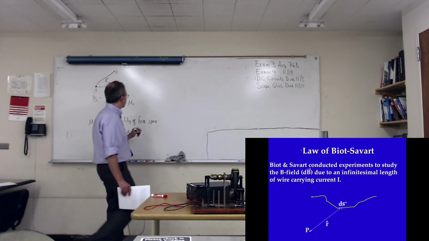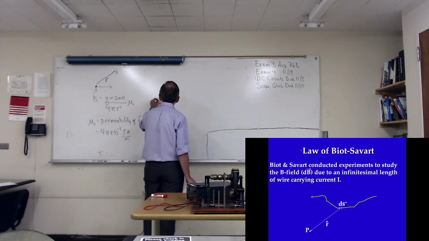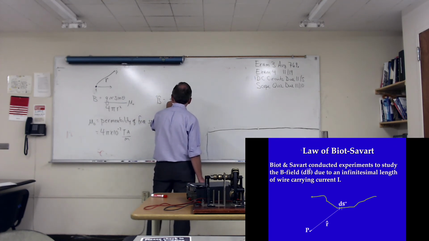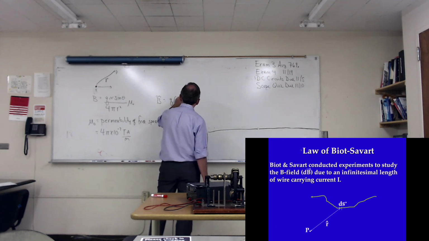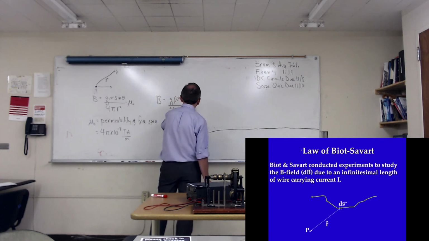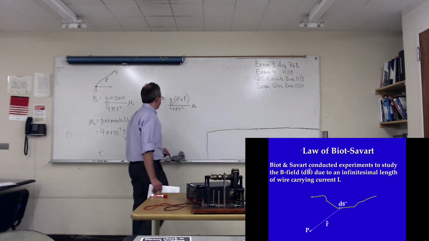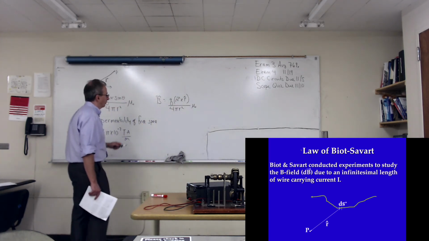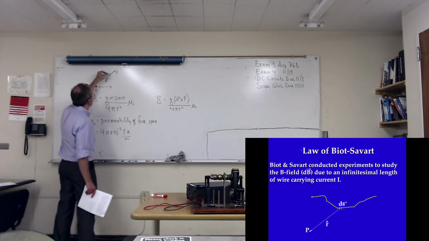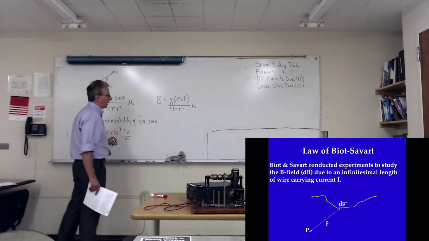If I wanted to write this as a vector, it turns out we can write it as a cross product, where r hat is the unit vector directed from the source to the point at which you're calculating the field.